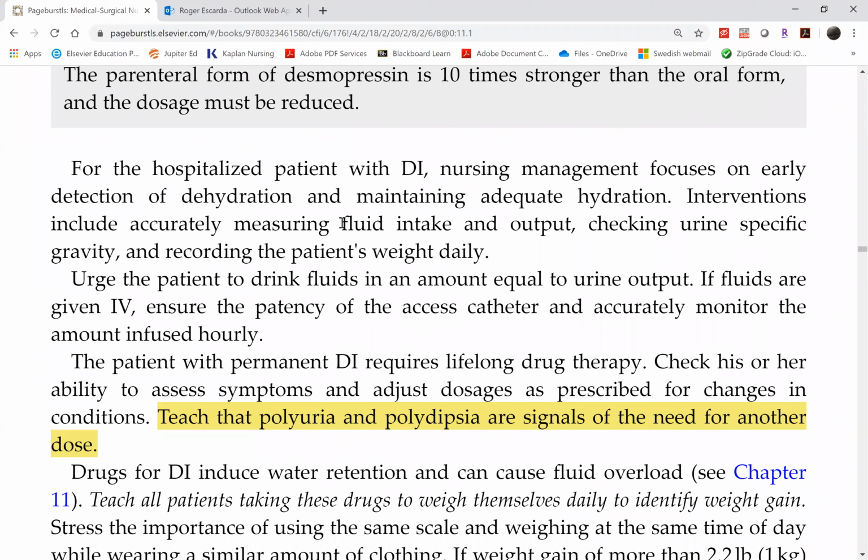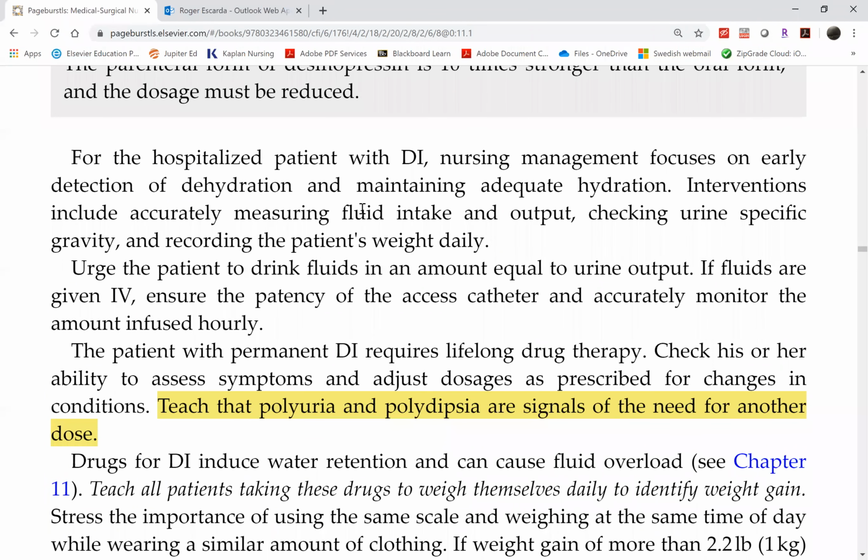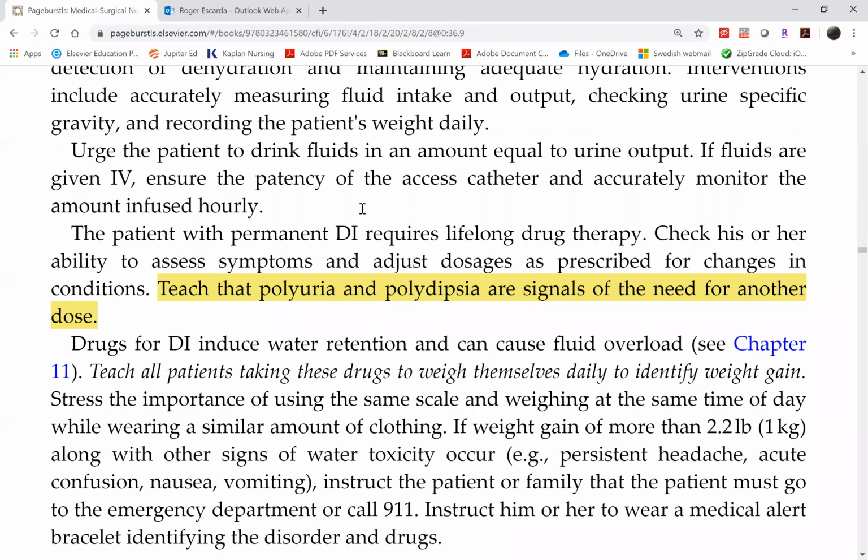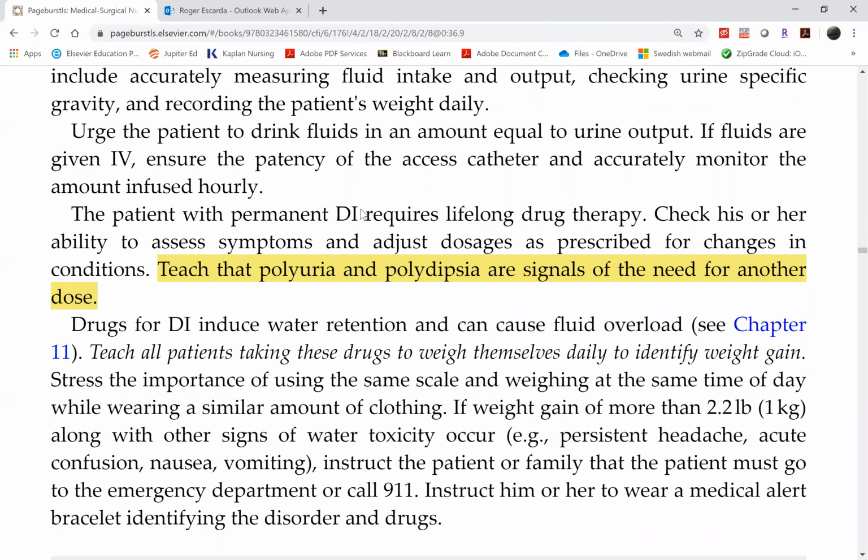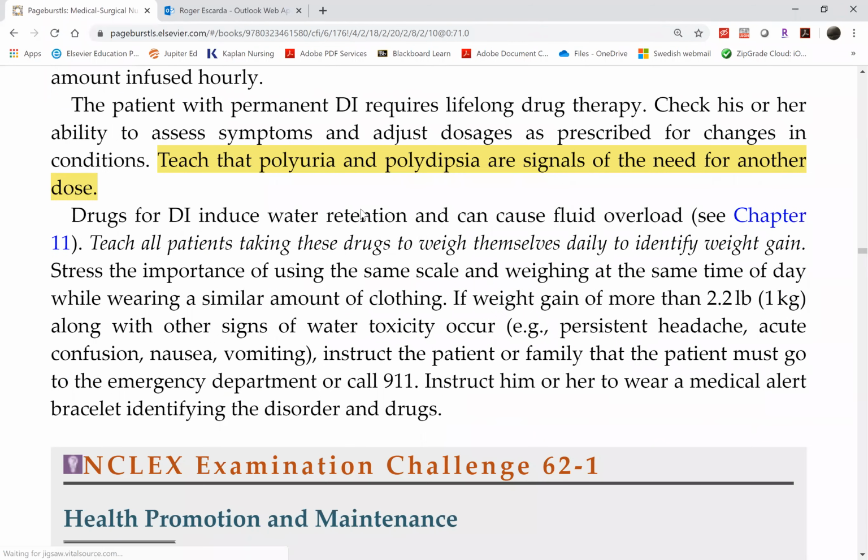Since the most accurate indicator of fluid volume is the weight, we encourage the patient to weigh themselves daily, keeping in mind, as you learned in chapter 11, that every pound of weight lost or gained is equal to 500 milliliters, or every 1 kilogram gained or lost is equal to 1 liter of water.